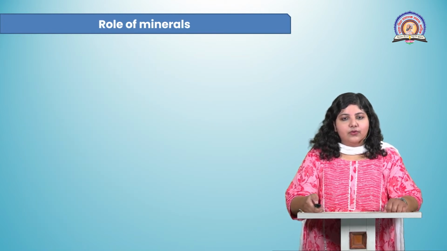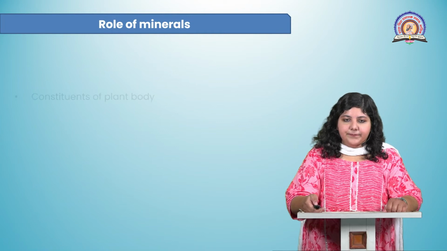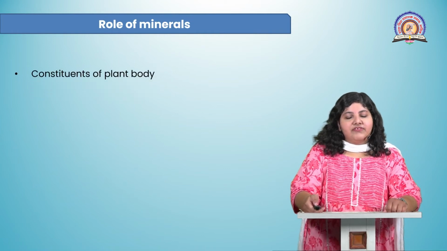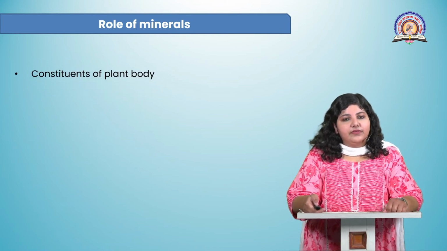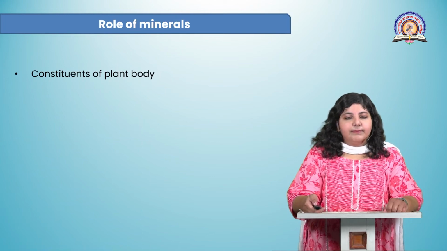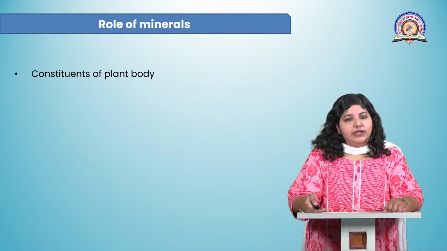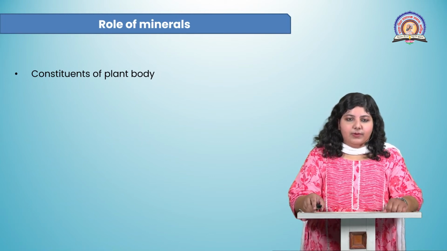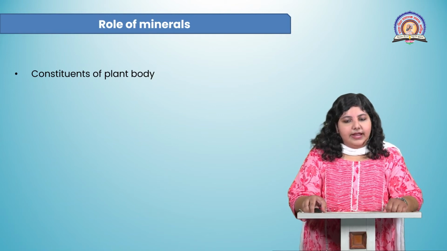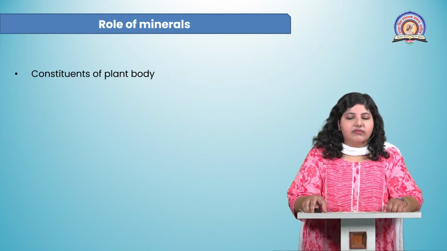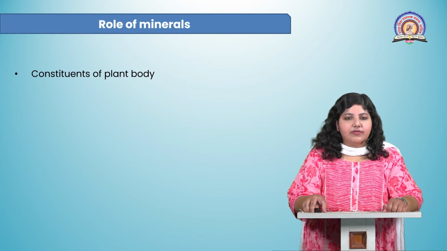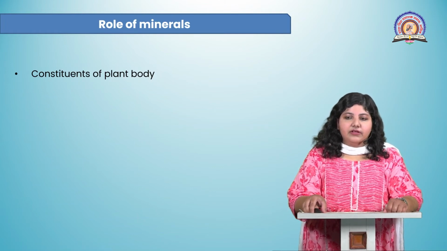Now let us see the role of minerals in plants. First major role of minerals is as constituents of plant body. The minerals form important structural elements of plant body. For example, nitrogen is present in proteins and in nucleic acids. Phosphorus is also present in nucleic acids.